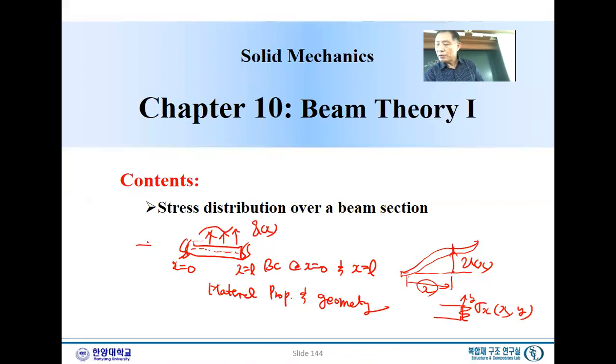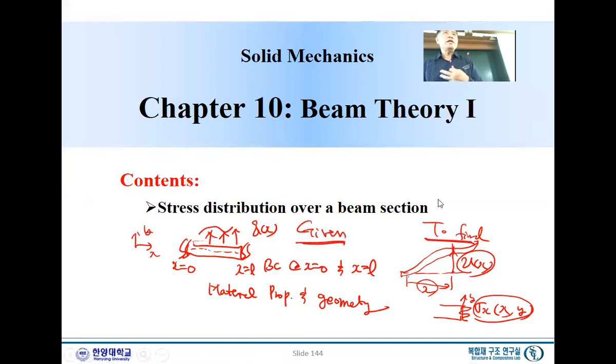In coordinates, this is x and this is y. So here is what to find: deflection v as a function of x, and sigma as a function of x and y. Now, here is the given, and here is the to-find.